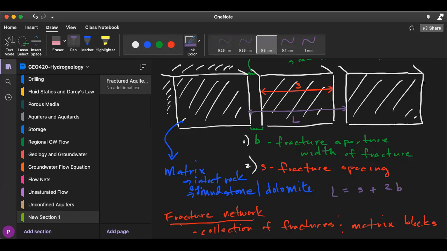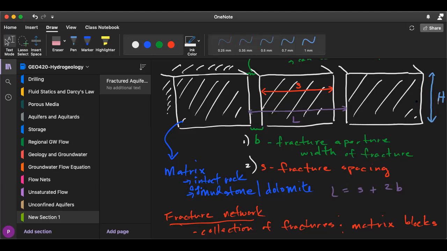And I'm going to define one other thing for us here as we go on. We're just going to say that these blocks have some arbitrary height, h. All right, this is whatever it is. Okay, so we have fracture aperture and fracture spacing.